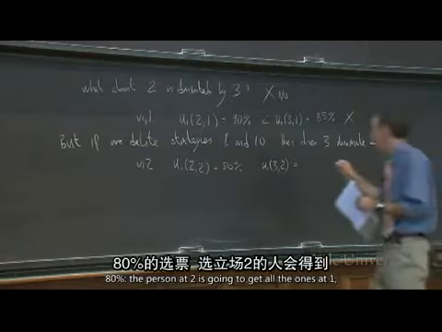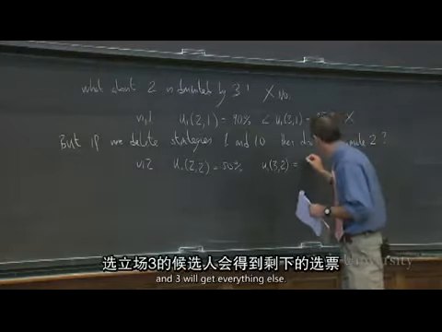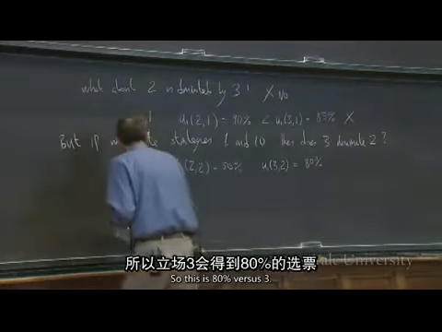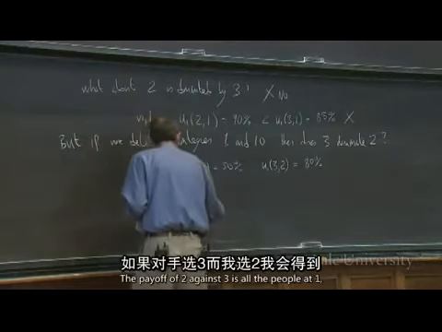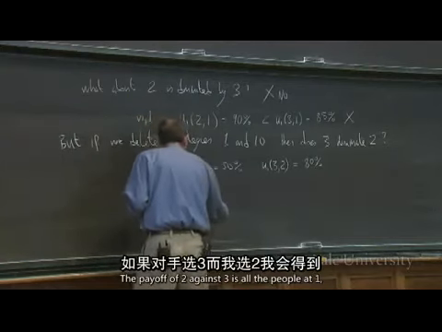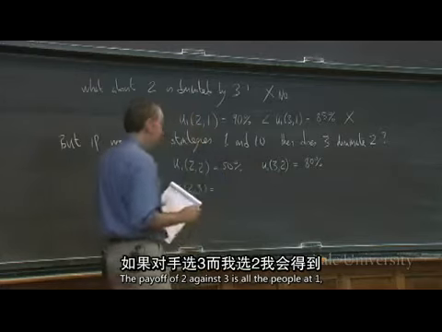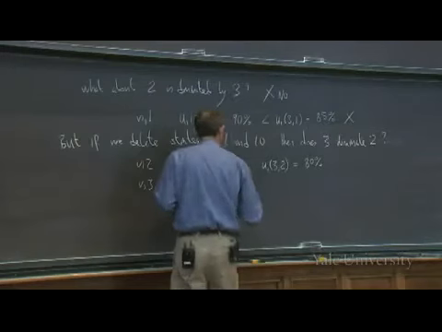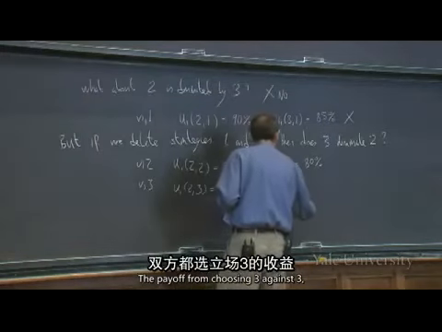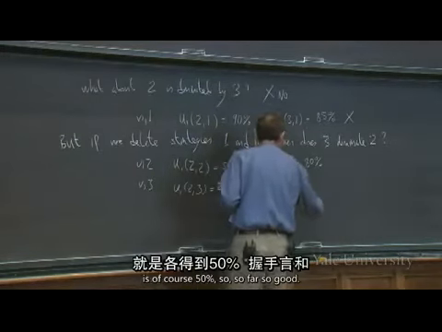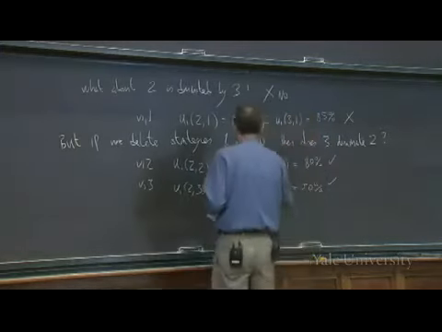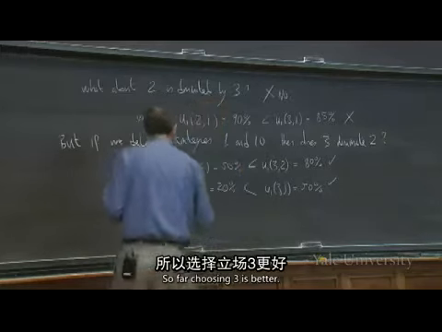The person at 2 is going to get all the ones at 1 and all the ones at 2, and 3 will get everything else. Versus 3, the payoff of 2 against 3 is all the people at 1 and all the people at 2, so it's 20%. The payoff from choosing 3 against 3 is, of course, 50%. So far, so good. So far, choosing 3 is better.